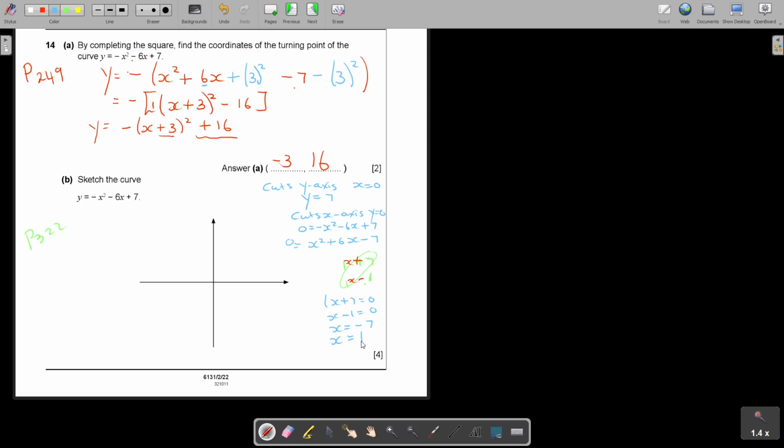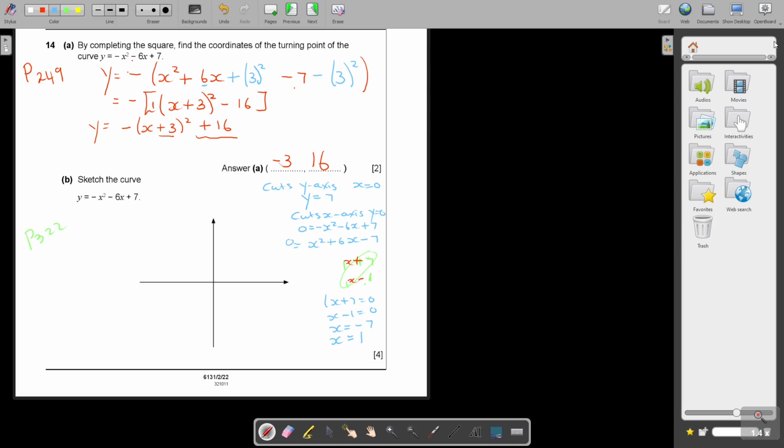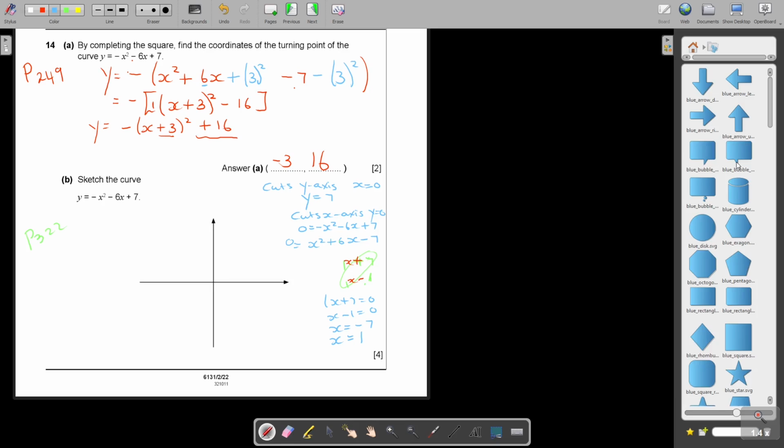So it's always good to use a ruler, don't just sketch it. And I don't know if I will be able to find my ruler now. Let's just see if I find a ruler. Shapes, no, it's definitely not the shapes.